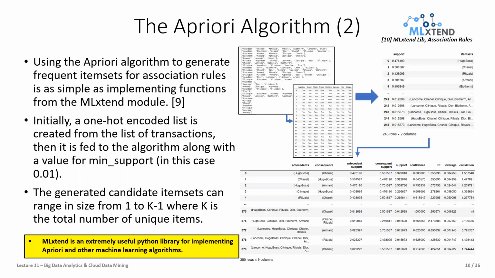And so you mostly have to just load your data as a list of transactions. And then you binarize these transactions. That is, you make a list of all of your unique items, and you just tell in which transactions these items appear together.